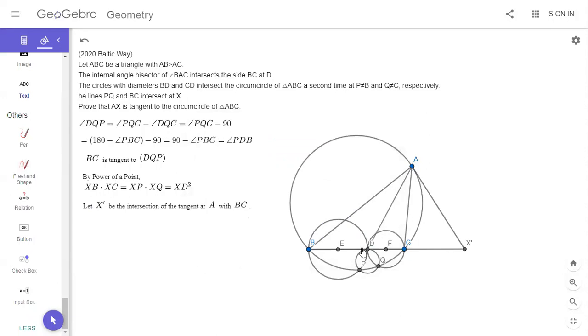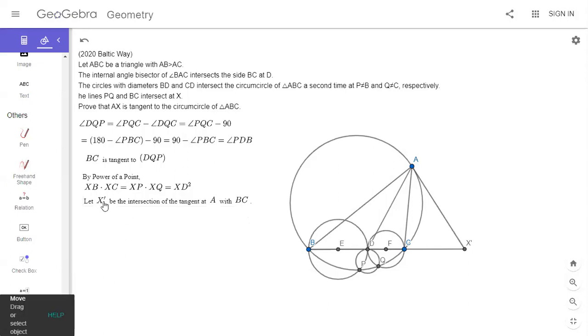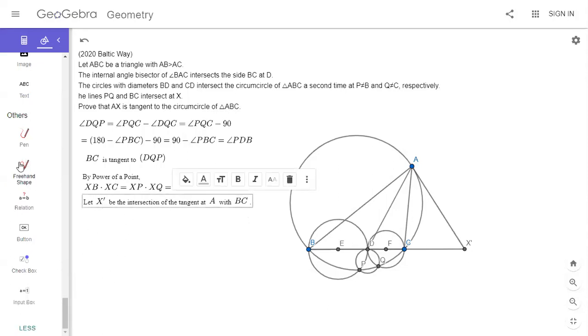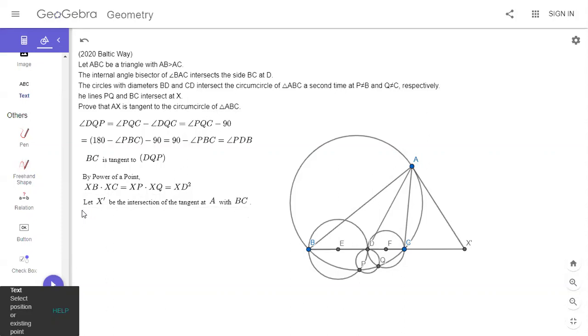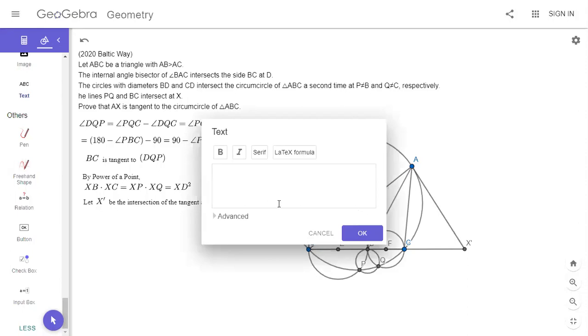And then by an angle chase, we can show X prime AD is isosceles.